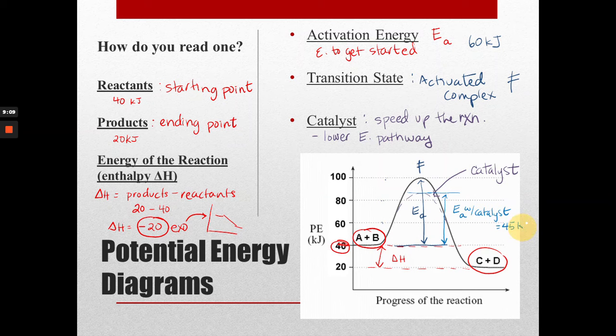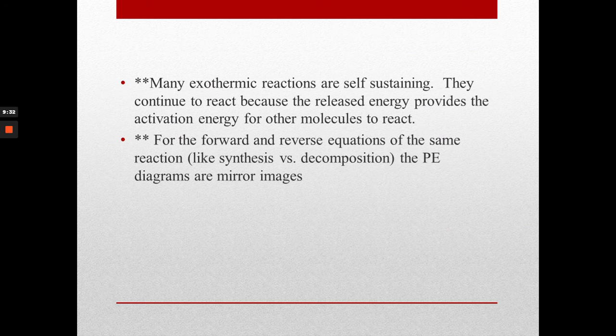So the activation energy, if I have a catalyst, is only 45 instead of 60. So this is how you read one of these diagrams. There are different areas that you will label as reactants and products and delta H and activation energy and transition state and catalyst.